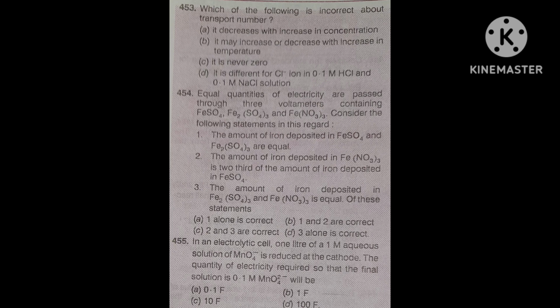The log KSP value we are knowing, then the KSP value you can take by anti-log, or you can write 10 bar 0.2369. Then KSP value we will calculate by taking anti-log: 1.726 into 10 to the power minus 10.